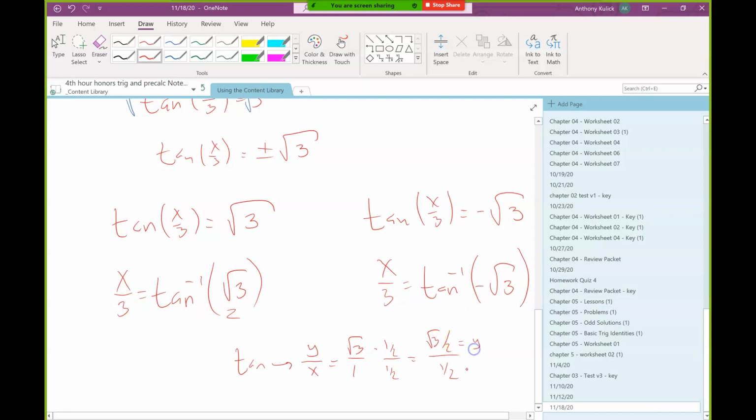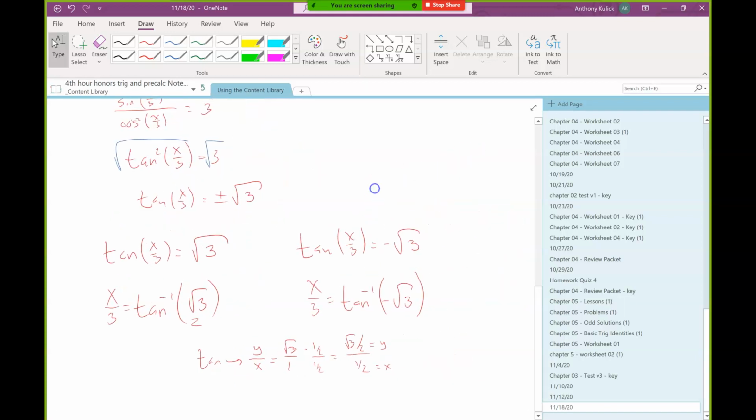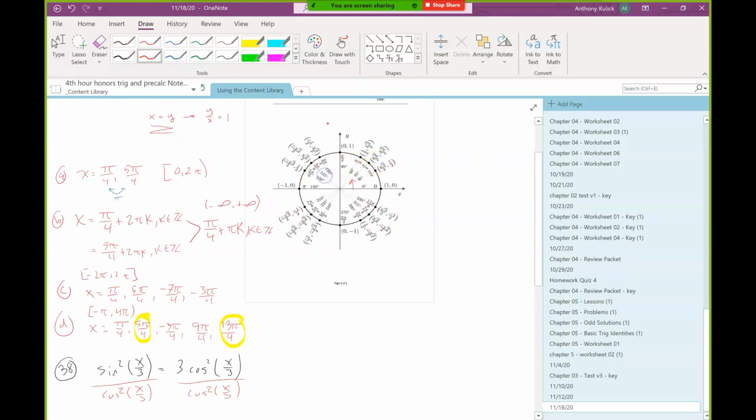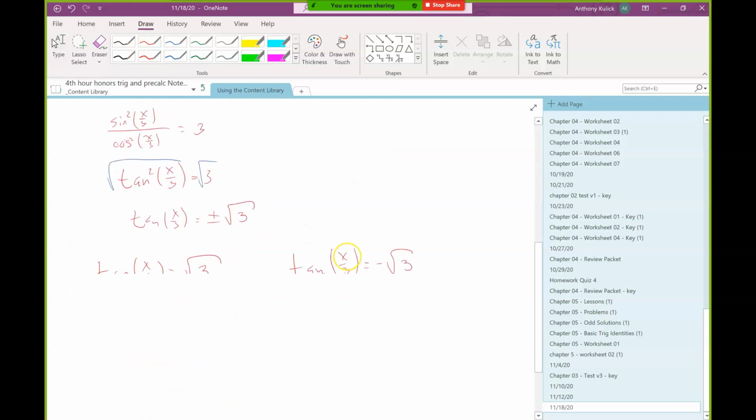And this is a location on my unit circle where x is 1/2 and y is square root 3 over 2. And it could also be, since it's y over x and we're getting a positive number, it could have also happened if both of these were negative. So that answer, I have pi over 3 and 4 pi over 3.